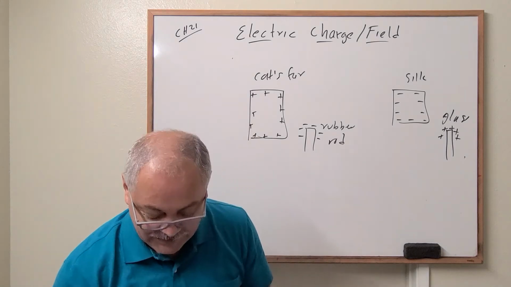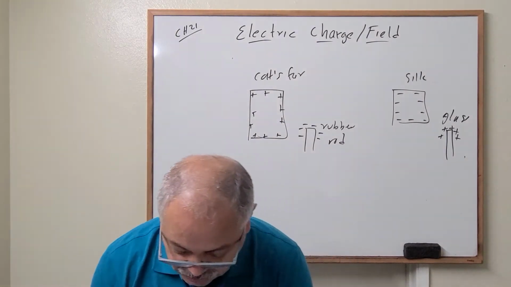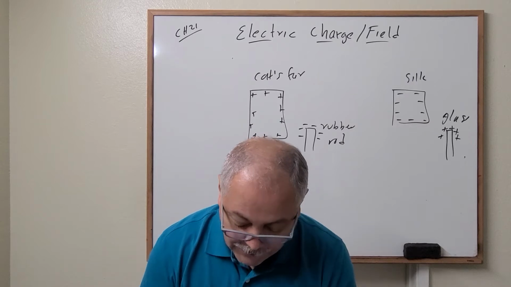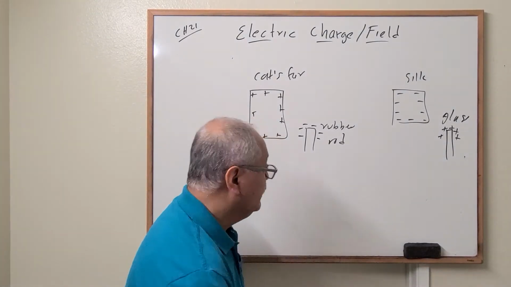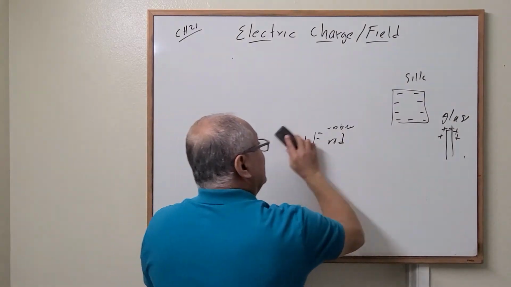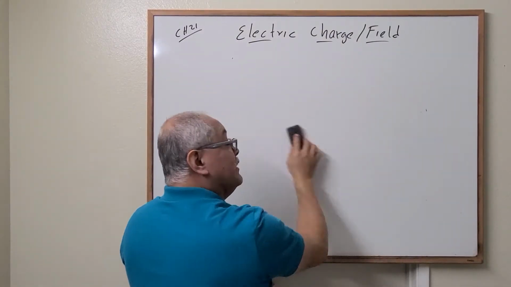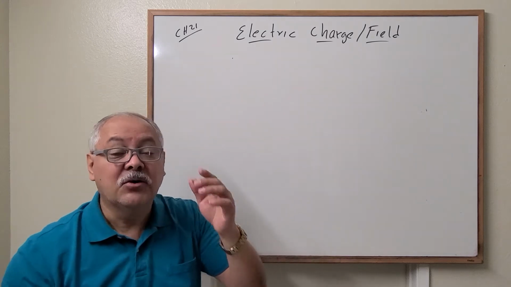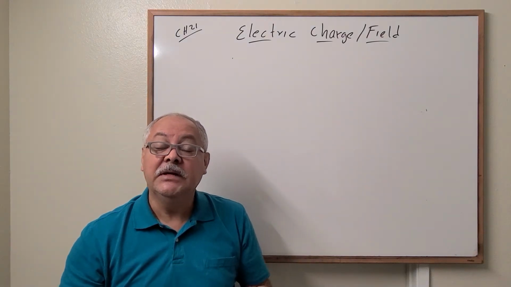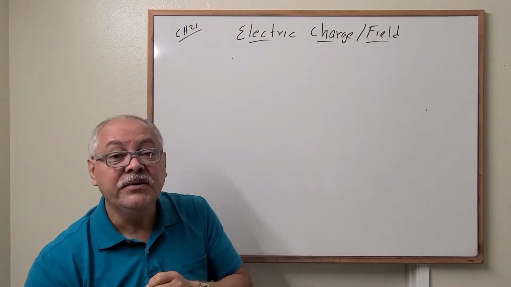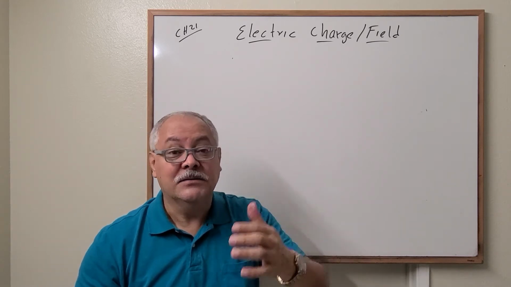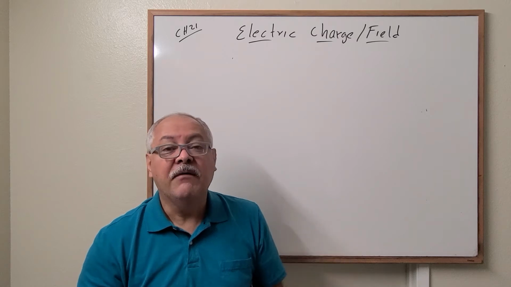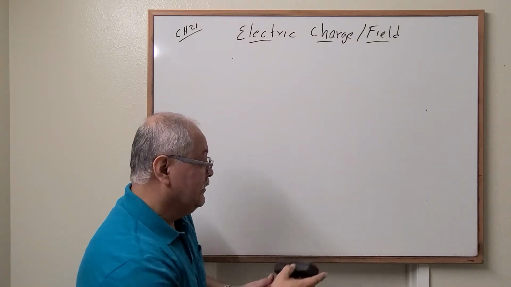Okay, perfect. Now let's go to the case for insulators and conductors. What is the difference? Well, this is the difference. A conductor is a substance or material that conducts, especially materials like metals, or we can have ionic solutions.